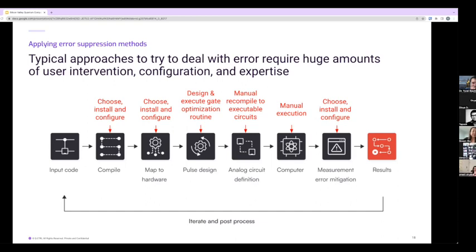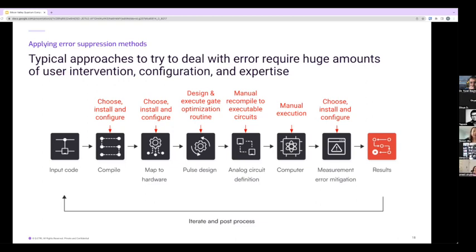And even though there are SDKs today that provide naive implementations of these sorts of quantum control or error suppression methods, it can be quite a complicated process to actually apply them, and it oftentimes requires many steps of configuring to figure out what the exact setup and implementation should be.